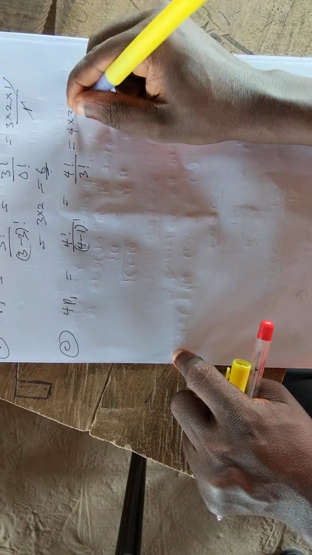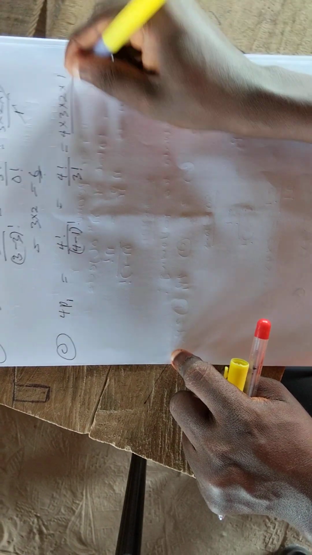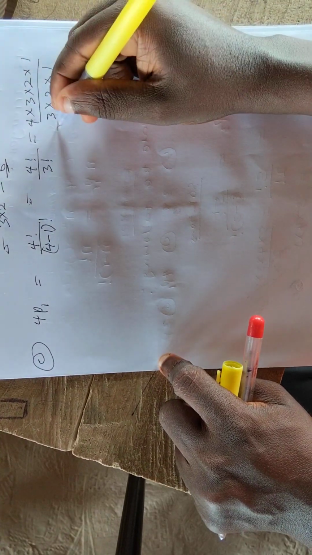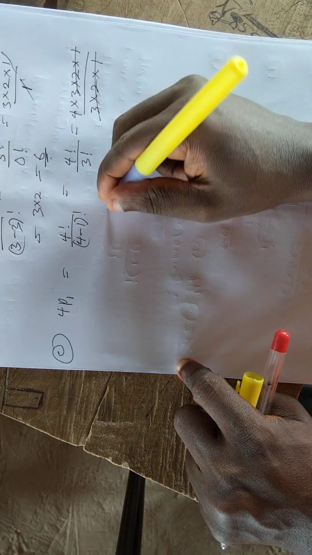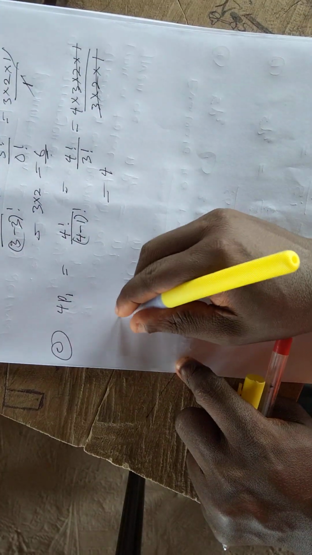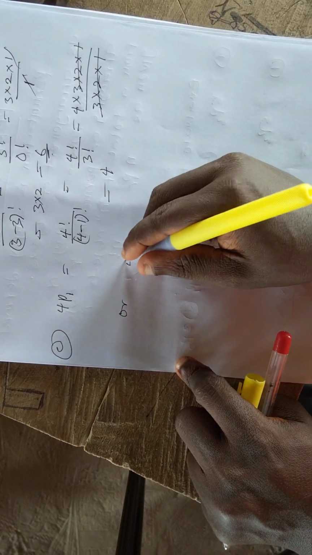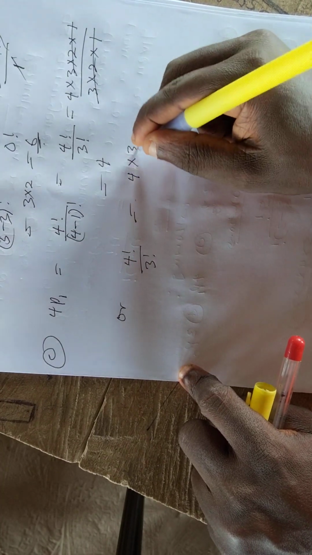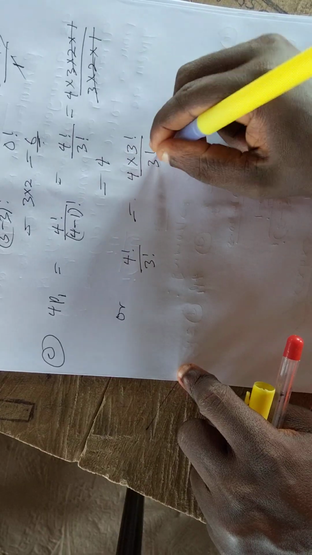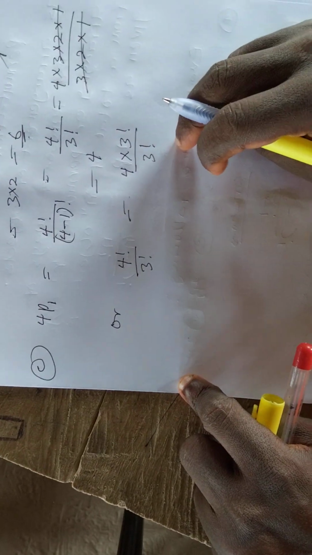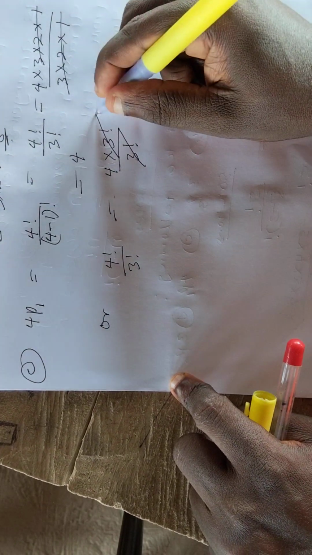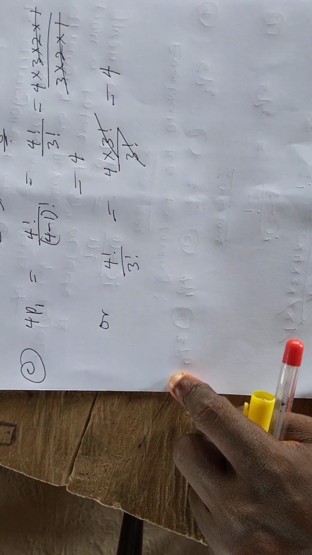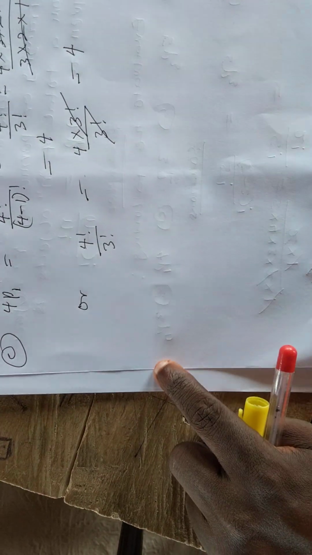This is 4 times 3 times 2 times 1 over 3 times 2 times 1. So this cancels this, and the answer will be 4. Or the other way: 4 factorial over 3 factorial is 4 times 3 factorial over 3 factorial. This is the shorter way. So 3 factorial cancels 3 factorial, and the answer becomes 4.